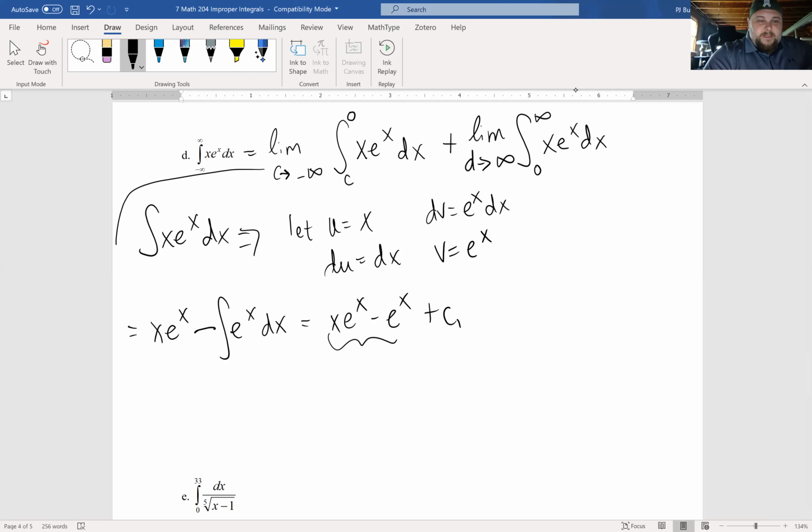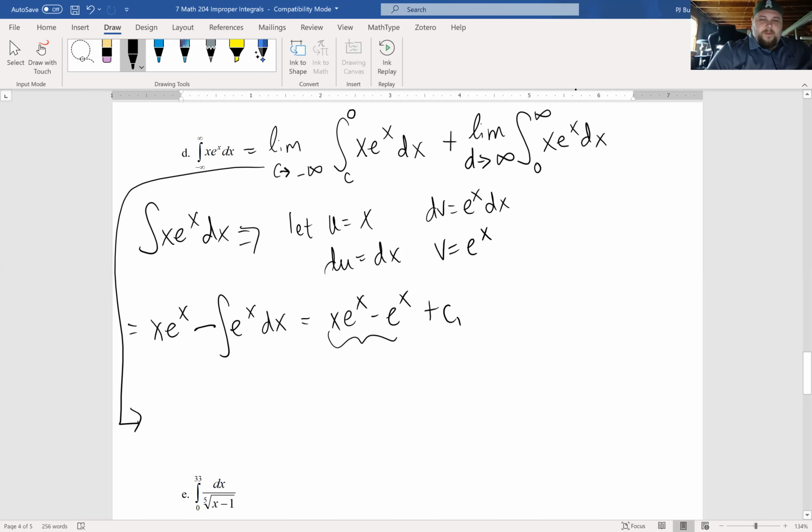Okay, so I'm bringing this down now. So I need the limit as c approaches negative infinity. I'm going to go ahead and just plug in. So I would plug in the top bound first. And actually, before I do that, let me rewrite this as e to the x times x minus 1. So I just factored out e to the x there.